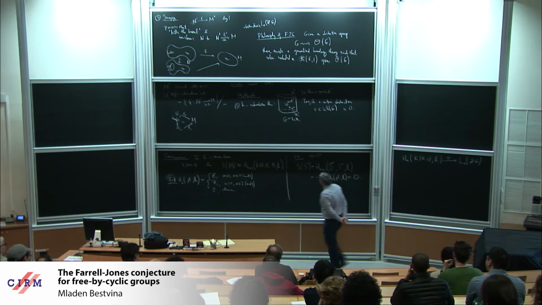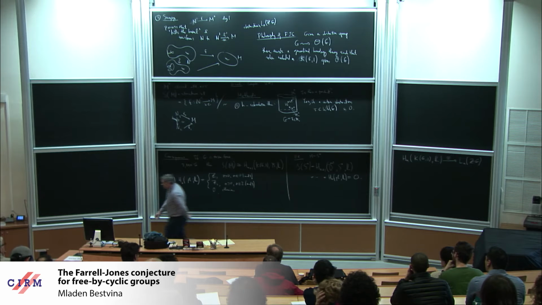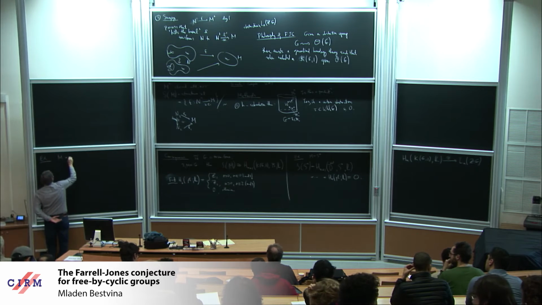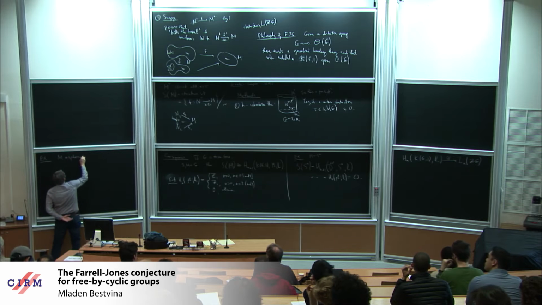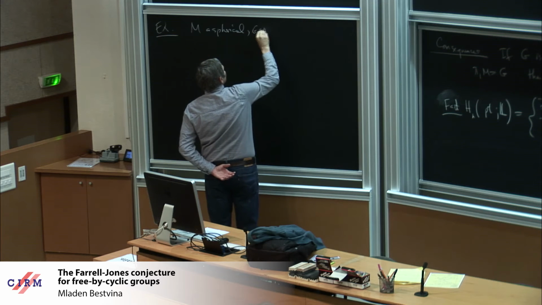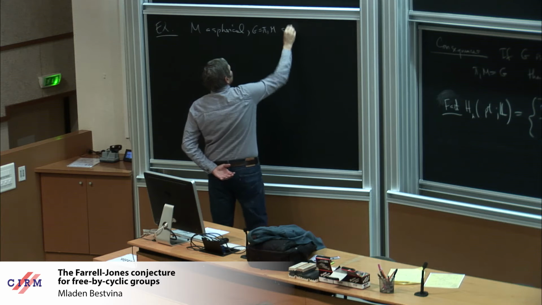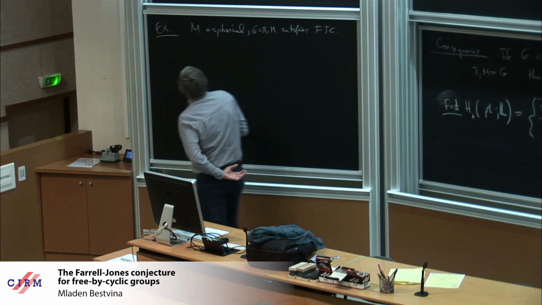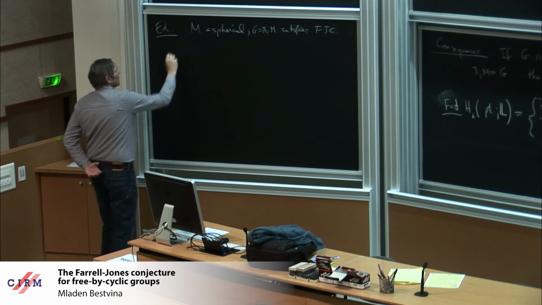Okay, another example. Suppose M is aspherical. And suppose we also know that pi1, so G equals pi1 of M, satisfies the Farrell-Jones conjecture. Okay, let's compute the structure set.